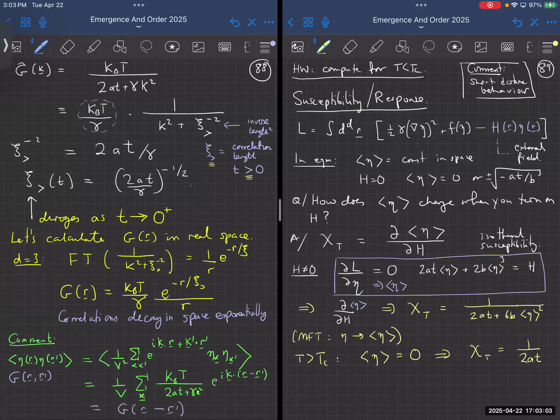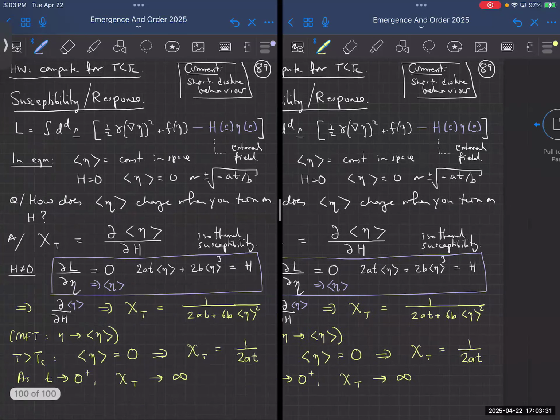What I've just shown you is that if I'm very, very close to Tc, actually the susceptibility diverges as T goes to Tc from above. So as T goes to Tc from above, the isothermal susceptibility diverges to infinity, and this divergence is one of the critical phenomena that we talked about last quarter.